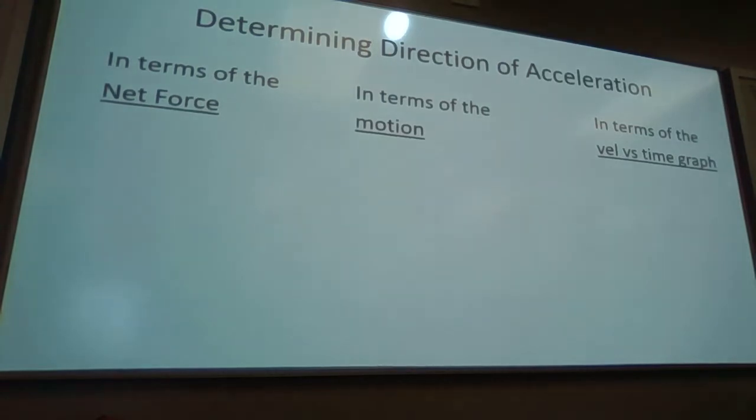All right. Determining direction of acceleration is tricky. There are 3 different ways you can figure out the direction of acceleration. One way is in terms of the net force.